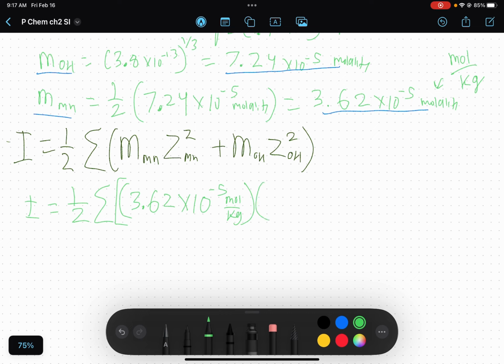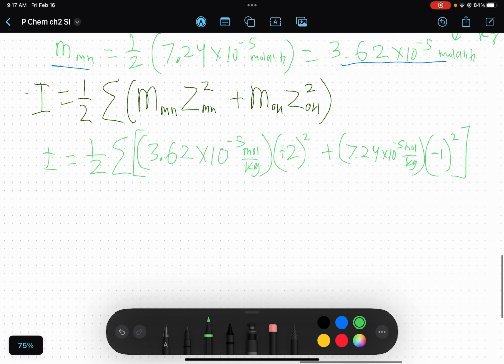And then that's going to be times z_Mn +2 squared, plus M_OH, which we found to be 7.24 times 10 to the -5 moles per kilogram, and then z_OH, which is -1 squared.